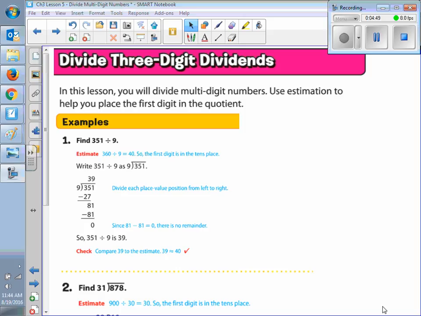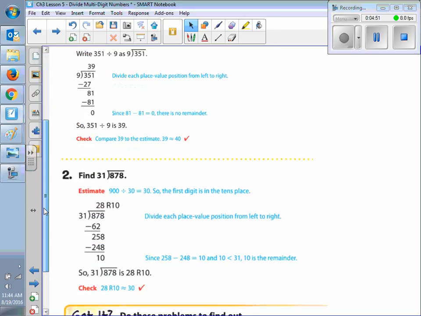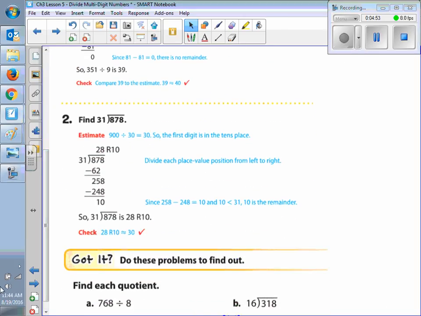All right. Let's take a look at the next example here. Okay? So here we have 878 divided by 31. Again, we're gonna try some estimation to help us figure out the first number. Okay? So 878 is about 900, right?